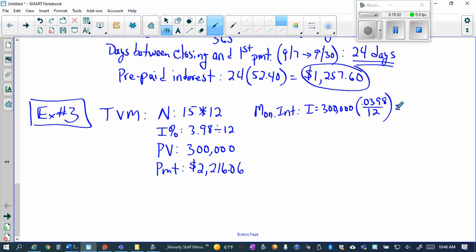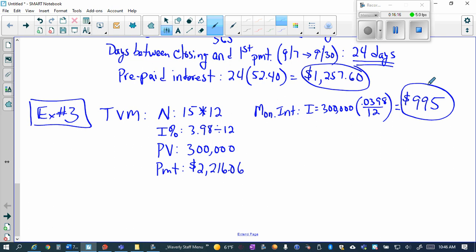And you can just put that in your calculator and get $995. Okay? So of that payment of $2,216.06 per month, this first payment has $995 of that being interest.